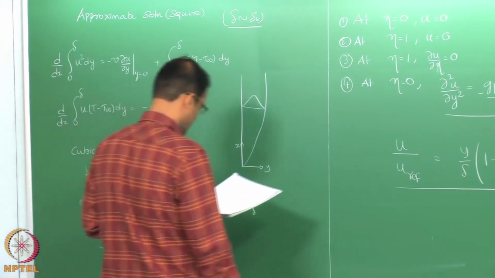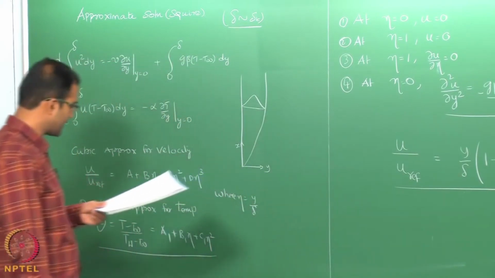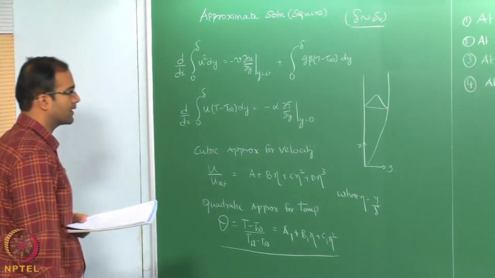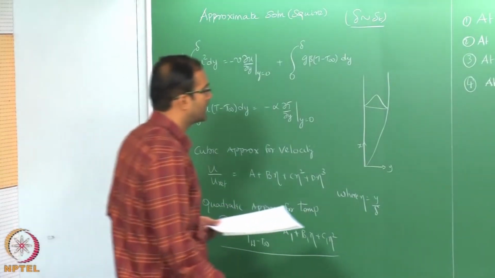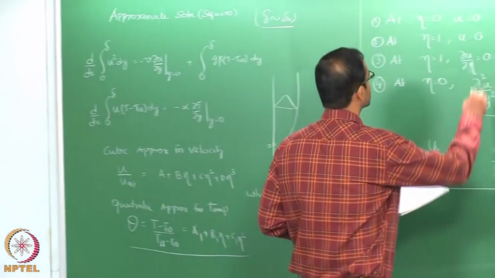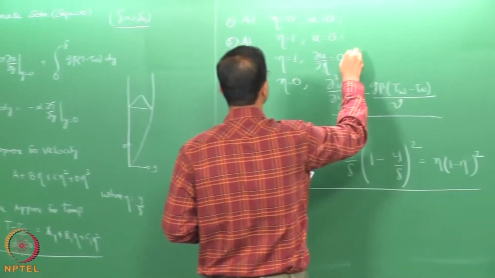Now, the second part, finding the temperature profile, you can do it quickly here. So, let us write down the conditions. We need 3 boundary conditions.